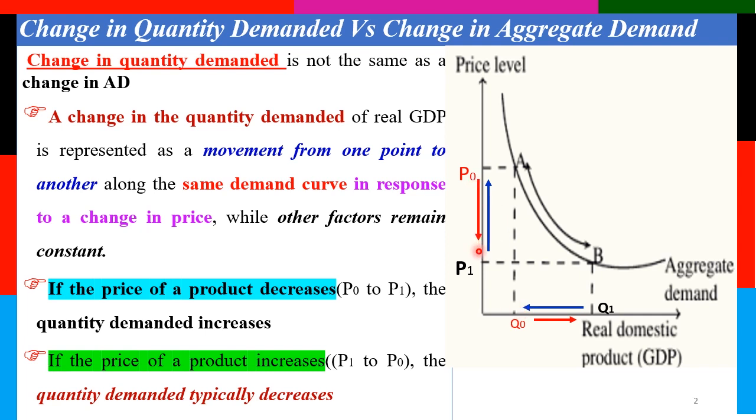As the price goes down, quantity goes up, and as the price goes up, quantity demanded goes down. So the change in the price can cause what? Change in the quantity demanded, and we can show this movement along the same aggregate demand curve. There is no other aggregate demand curve. We have only one aggregate demand curve.